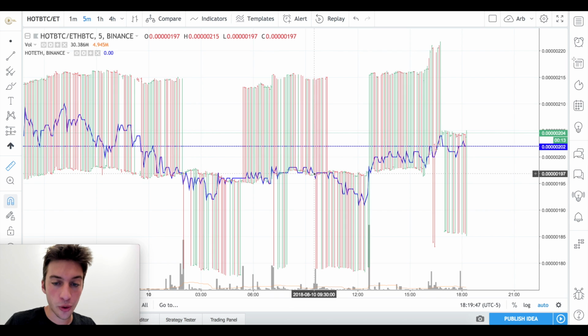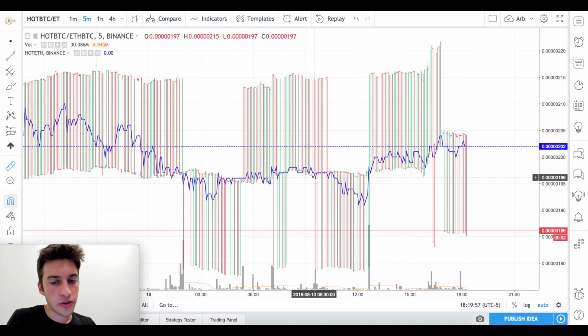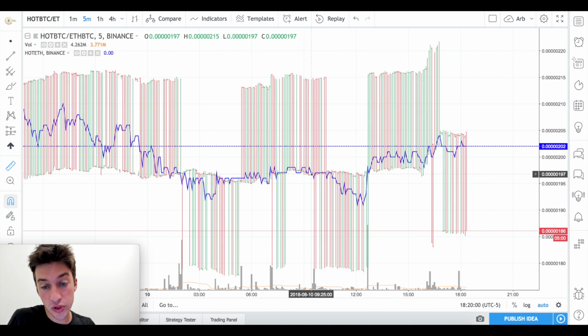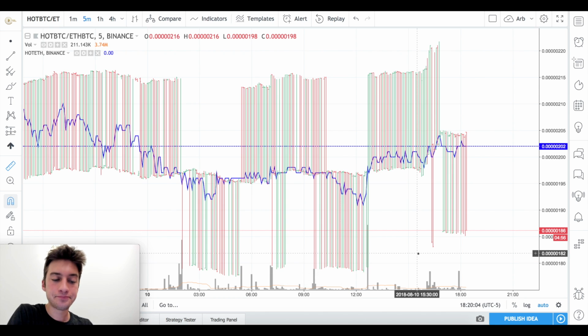And here's a spot where the bid of HOT BTC was at 11, and the offer of HOT BTC was at 12. The HOT BTC bid at 11 was sold, and price went down. It bounced between 11 and 10.